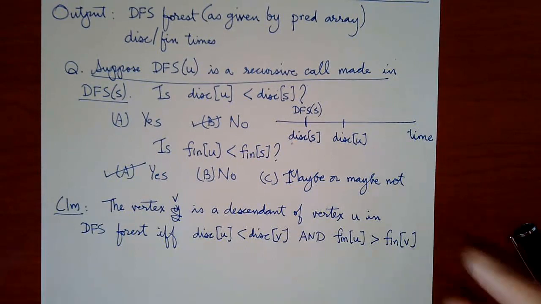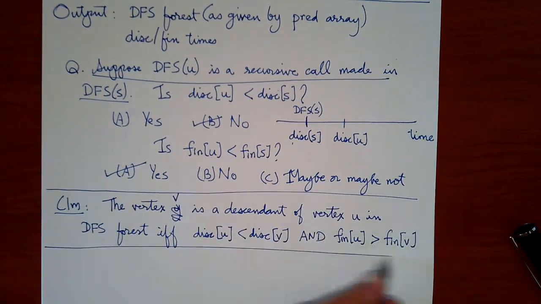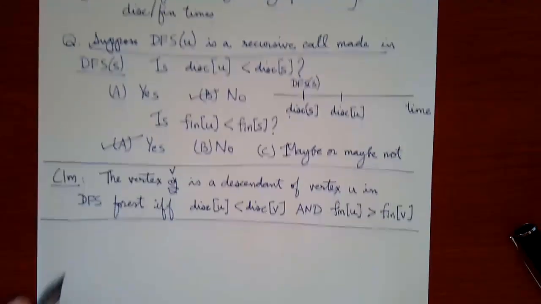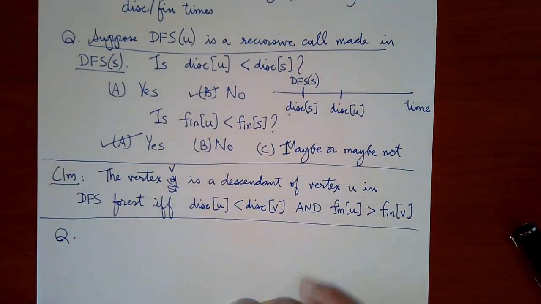Sorry, let me come back to it in a moment. Let me ask you another question. This is like a fresh question, so U and V are new vertices.